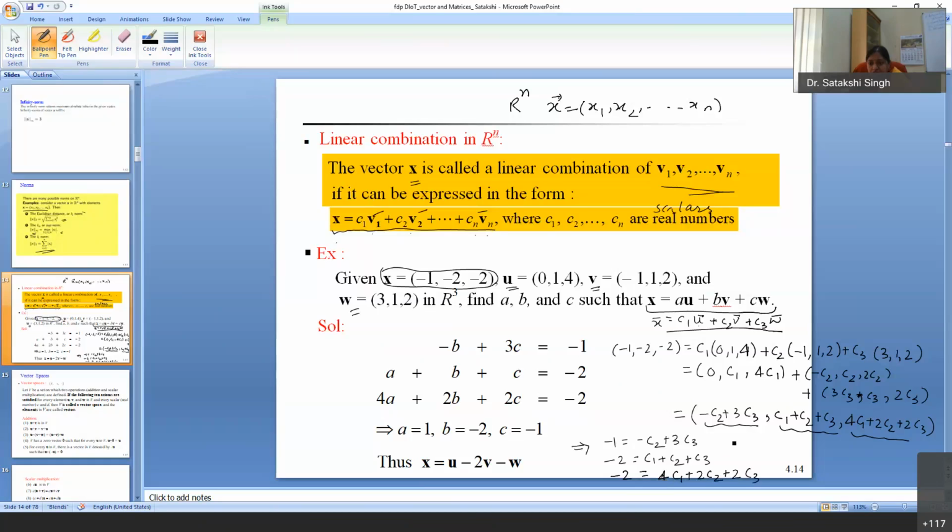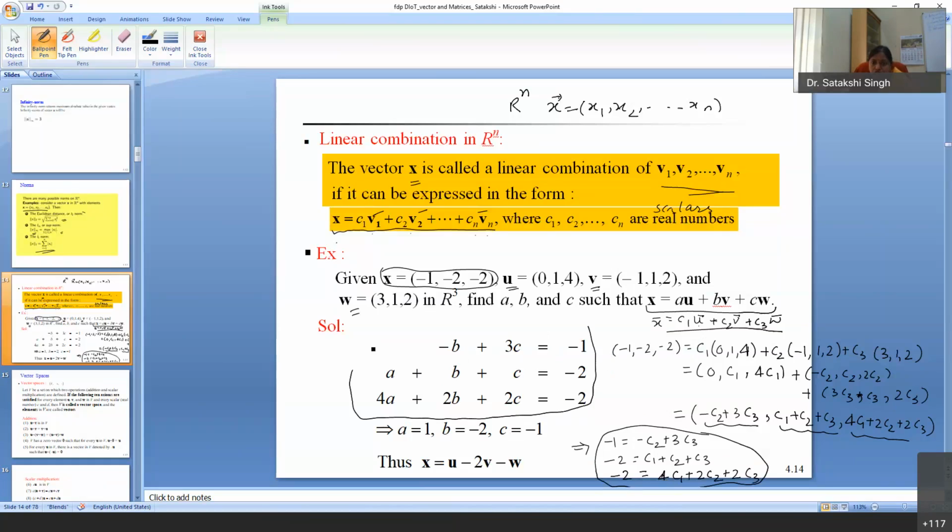So you get these three equations. In the question we have used a, b and c, so c1, c2, c3 can be written as a, b, c. You can write it in this form also.